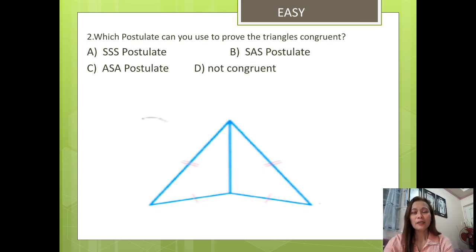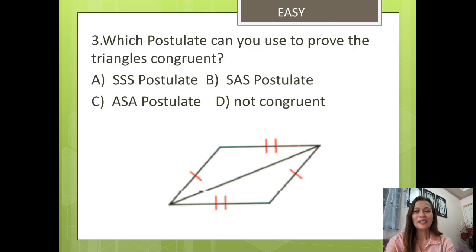So the answer is side, side, side postulate. That is letter A. Next, again, which postulate can you use to prove the triangle is congruent based on the given figures? Letter A, SSS, B, SAS, C, ASA, or letter D, not congruent? The answer is letter A.